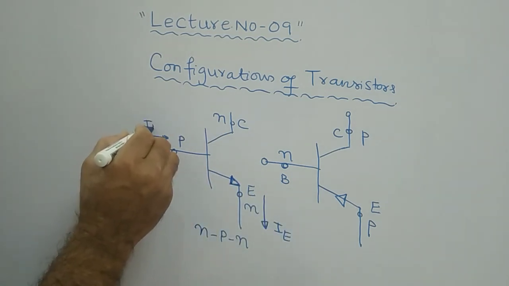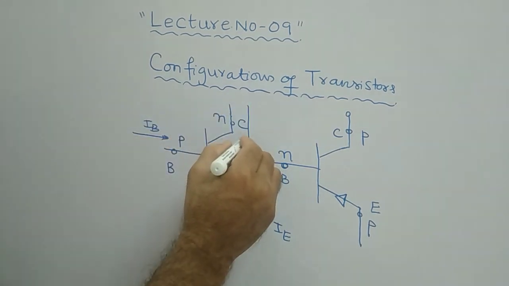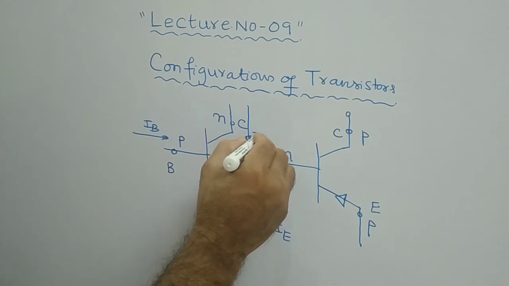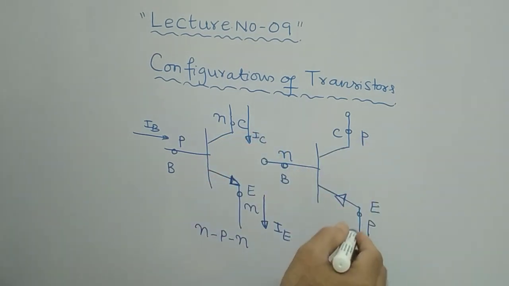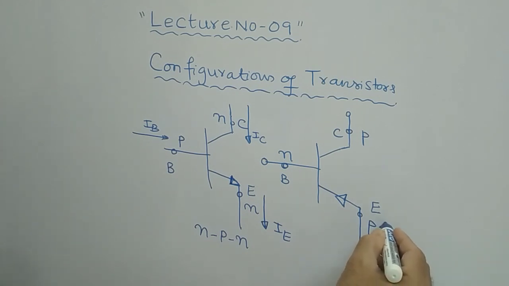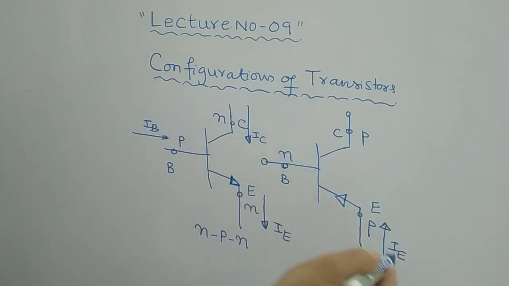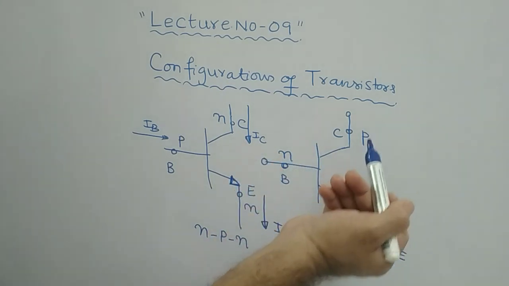This is IB, and similarly IC comes in this way. This is IC. Similarly, in the NPN transistor, the arrow direction is upward, therefore the emitter current IE must also be in the upward direction.